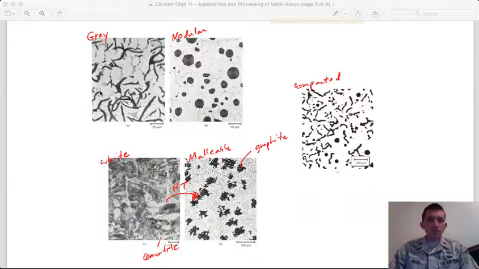I point out the gray cast iron here, you notice they have these spiky flakes of cementite, and this microstructure directly impacts the mechanical properties, because all of these sharp points in these flakes form stress concentrators that make this very brittle and not tough, not resistant to cracking.